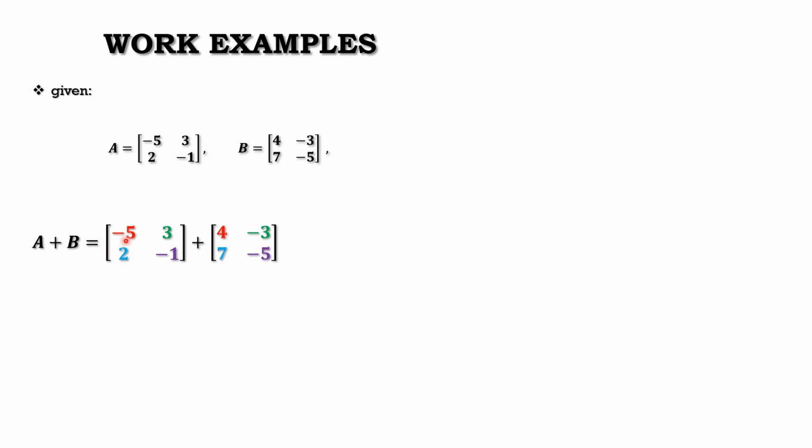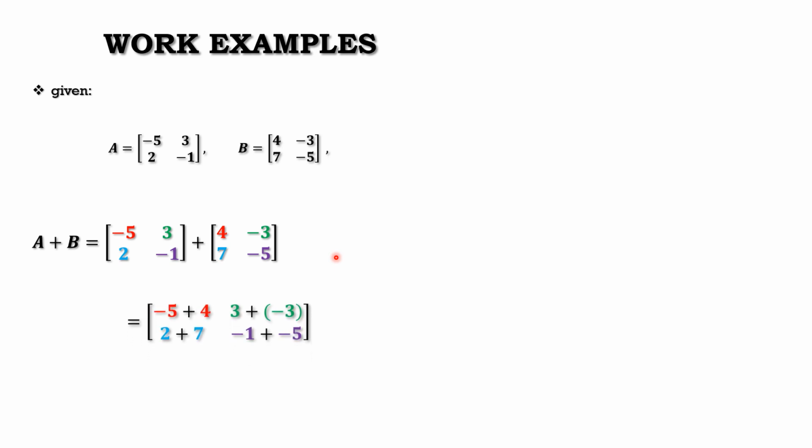We have the red one here as -5 and red here as 4. Light green and light green here, 2 and 7 being identified with blue color. -1 and -5 being identified with purple color.